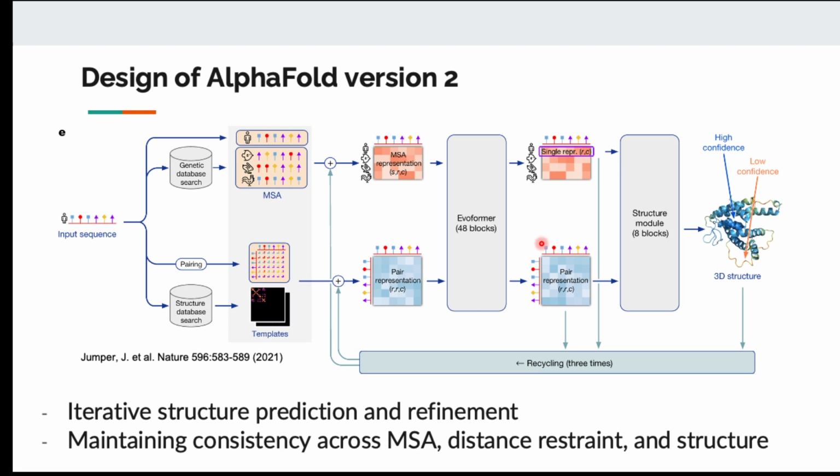So in AlphaFold version 2, we are not going to worry too much about the detail of this, but what I want to show is that in AlphaFold version 2, they already realized that the ability to predict co-evolution is the most important factor. So this entire structure is about squeezing co-evolution. It takes the multiple sequence alignment.